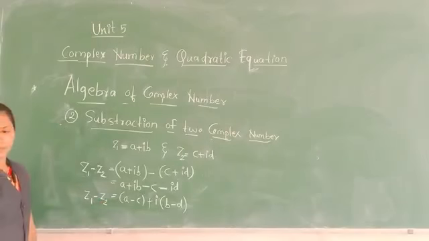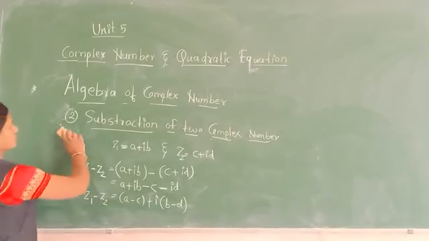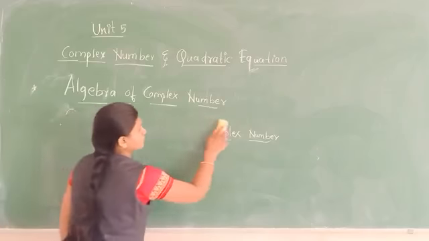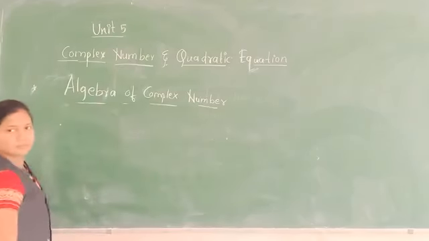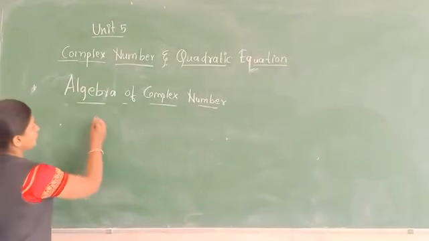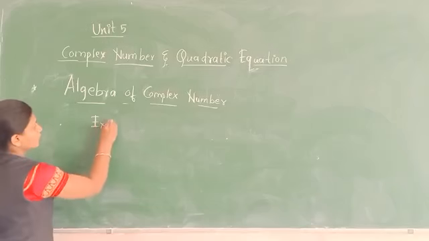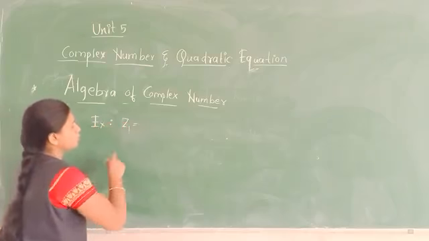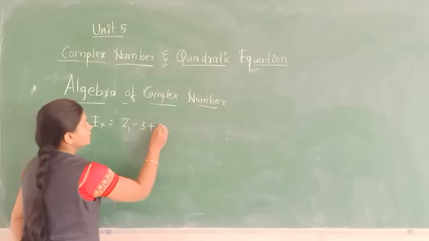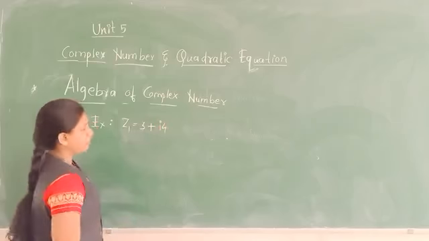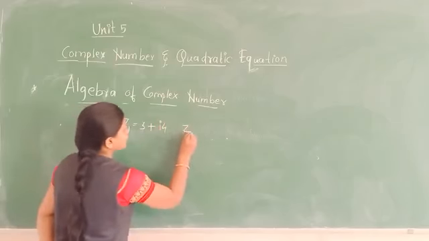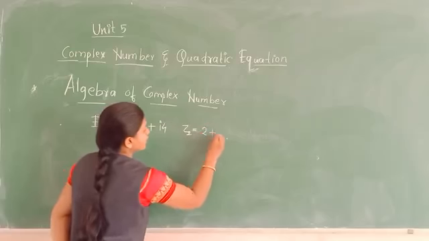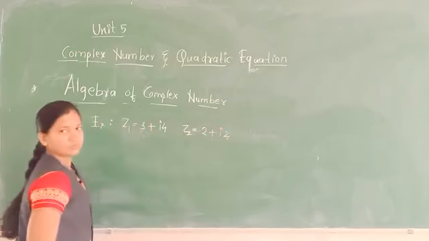Okay. So take one example. Consider one example here. Take two complex numbers. That is Z1 is equal to 3 plus i4 and Z2 is equal to 2 plus i2.